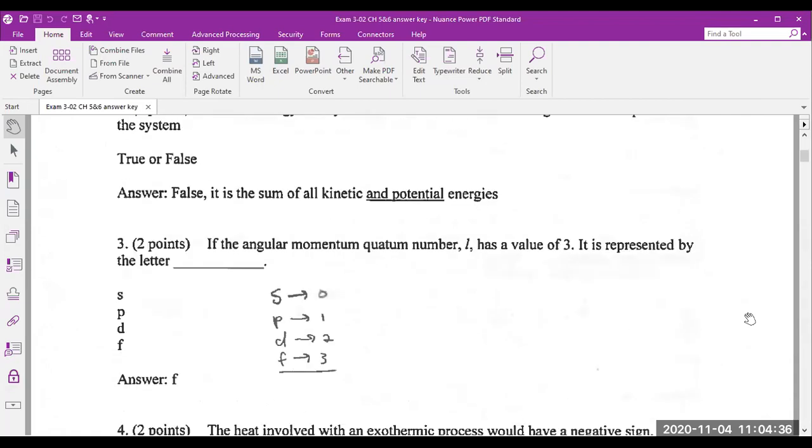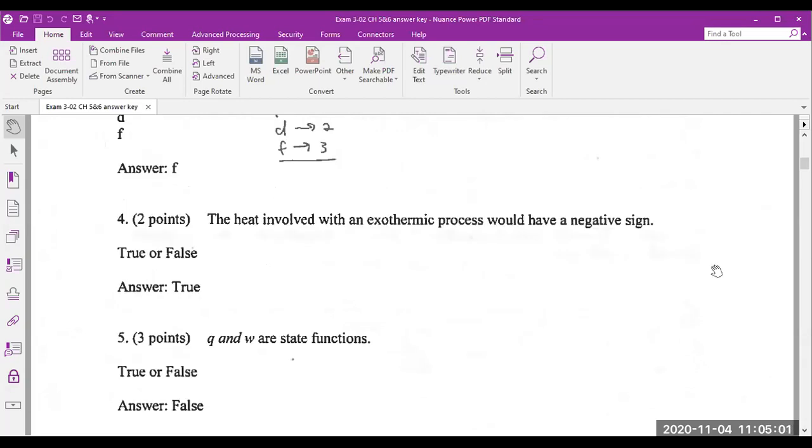Number 3, if the angular momentum quantum number L has a value of 3, it is represented by the letter, and in this case, L equals 3, that means it's F. Number 4, the heat involved with an exothermic process would have a negative sign. That was true.